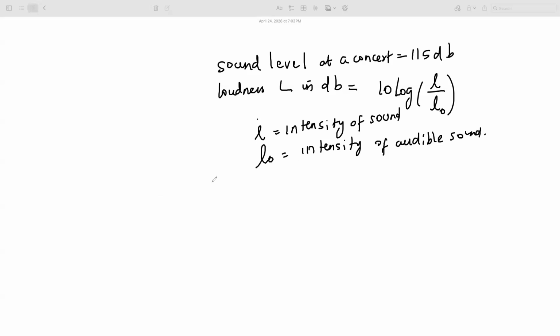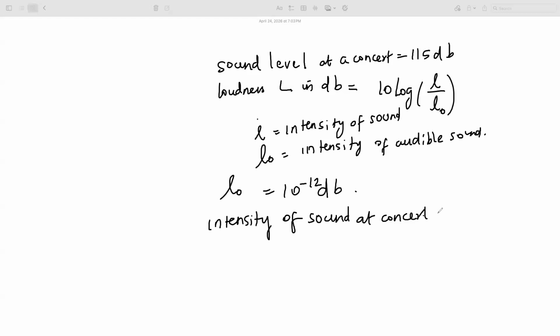Now you're given that I0 equals 10 to the power of minus 12. Now we would like to know the intensity of the sound at the concert. What is the intensity of sound at the concert? With this we'll finish, okay? Go ahead and give me this.